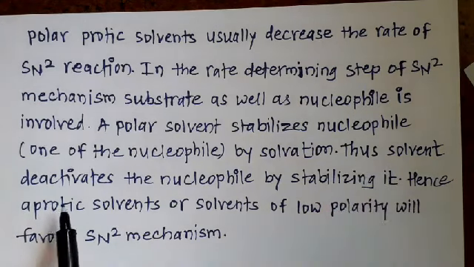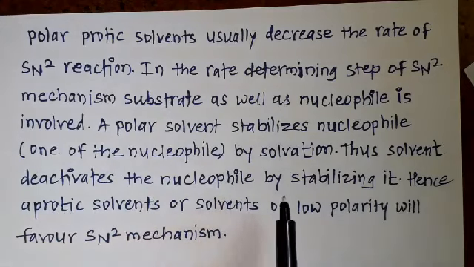Thus solvents deactivate the nucleophile by stabilizing it, and hence it decreases the rate of reaction, because the rate of reaction depends on both the concentration of substrate as well as the concentration of nucleophile in the SN2 reaction mechanism.